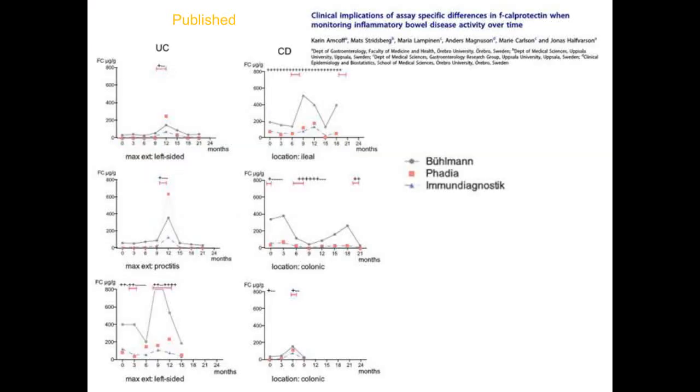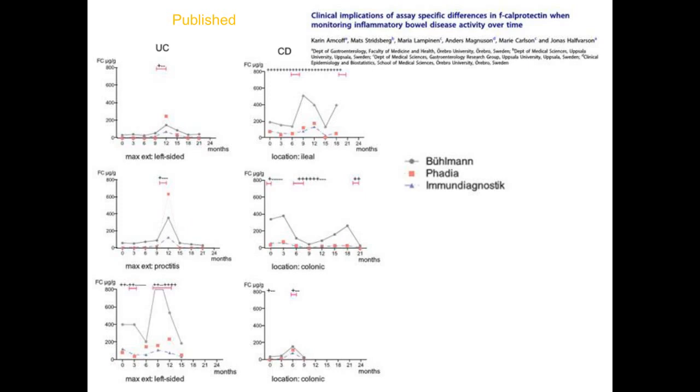And there are very few head-to-head comparisons between assays. This was published last year, showing on the left-hand side 3 different patients with UC, where the patient had a relapse. You can see this is the relapse, and here the Bühlmann kit was the only kit that would identify the relapse. Here, same here, the Bühlmann kit identified the relapse.